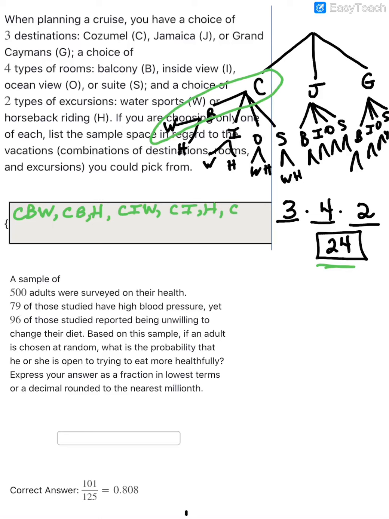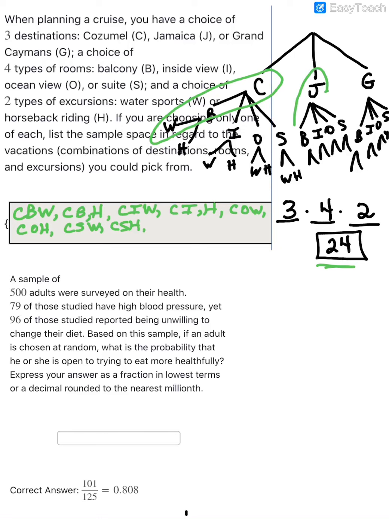And then we have Cozumel with the outside view and the water, and then we have Cozumel with the outside view and the horseback riding. And then finally we have Cozumel with the suite and the water, or Cozumel with the suite and the horseback riding. So right there, we've got 8 of the 24 choices. So you're just going to keep doing that.